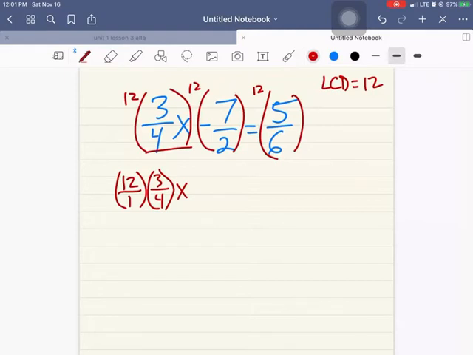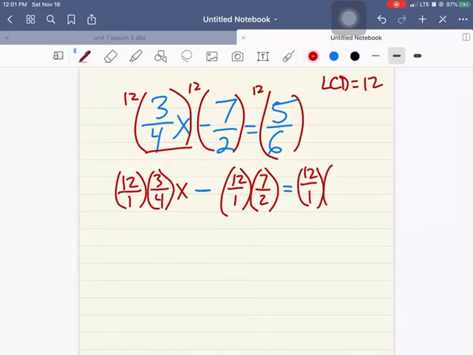Then there's a subtraction sign, don't lose that. And this one is literally 12 over 1 times 7 over 2. I don't write this all out every time, but I'm explaining it for the first time. Then there's an equal sign, and this is 12 over 1 times 5 over 6. That's your thinking when you're clearing your fractions, because you're going to multiply across. This is how we multiply fractions.